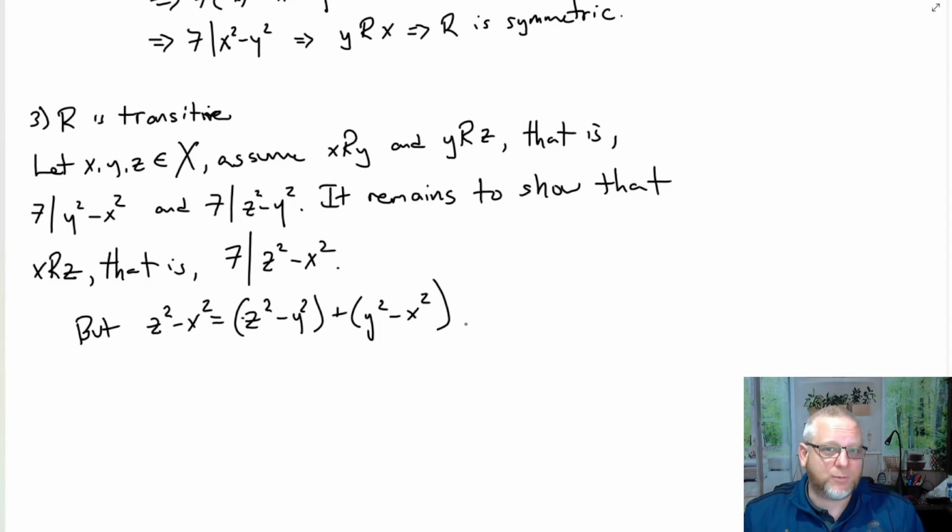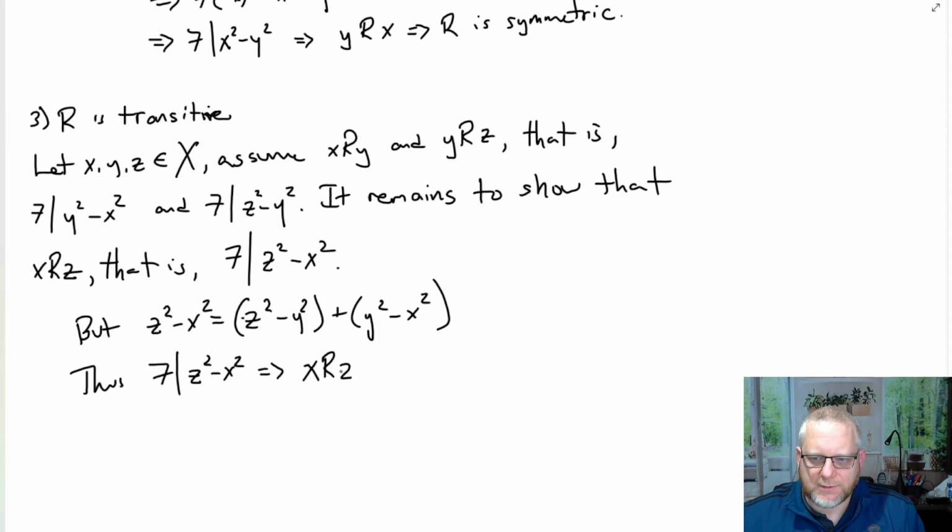Oh, well, if I take a multiple of 7 and a multiple of 7, and I add them together, what do I get? Another multiple of 7. Thus, 7 divides z squared minus x squared, which therefore means that x is related to z. And again, one more conclusion, R is transitive.